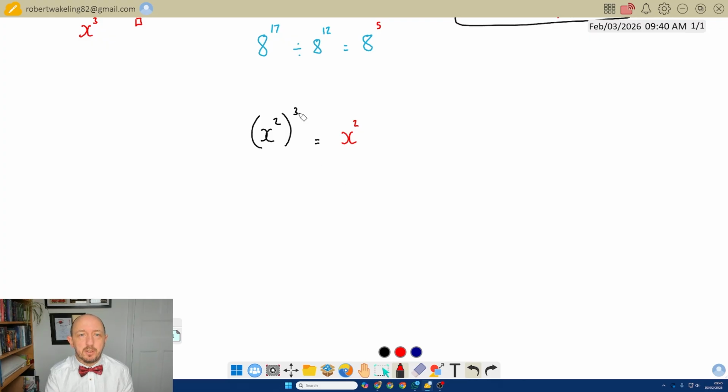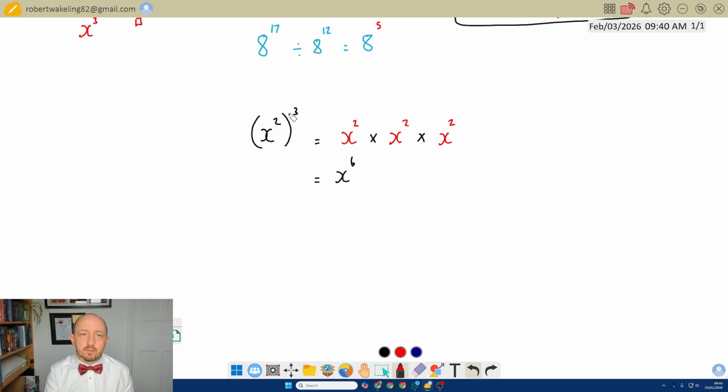That's what the cubed is doing. It's taking the brackets and multiplying itself 3 times in this case. Now we can apply our first rule, which is I'm multiplying, so I can add the powers, which gives me x to the power of 6. 2 plus 2 plus 2 is 6.